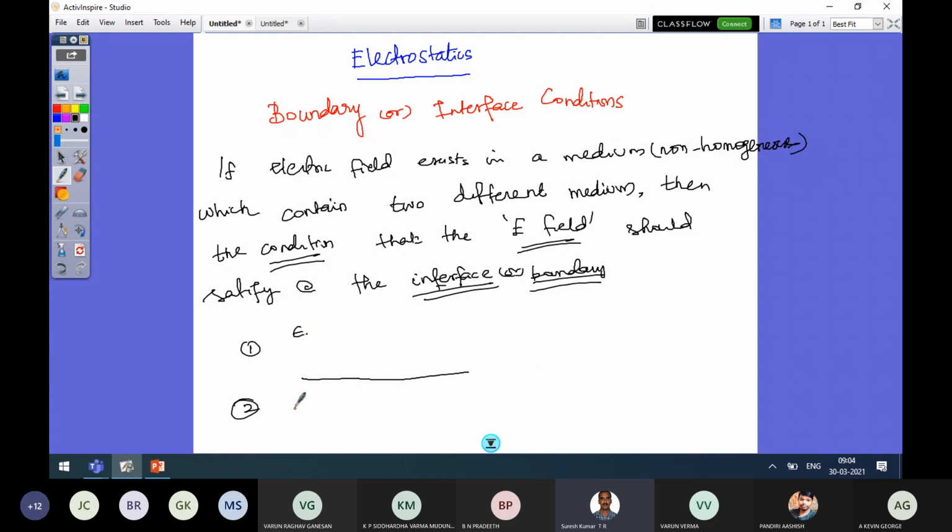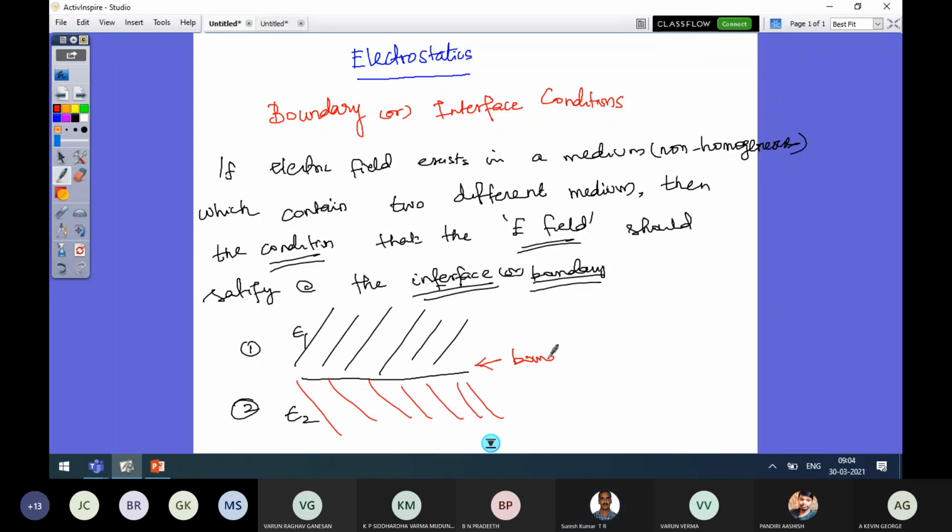Medium 1 has epsilon 1, and medium 2 is characterized with epsilon 2. The dark line which separates them represents the boundary. The black shaded region is medium 1 and the red shaded region is medium 2. Both have different permittivity. That's why we call them different mediums. So we consider two mediums, and these two mediums are meeting at the boundary.